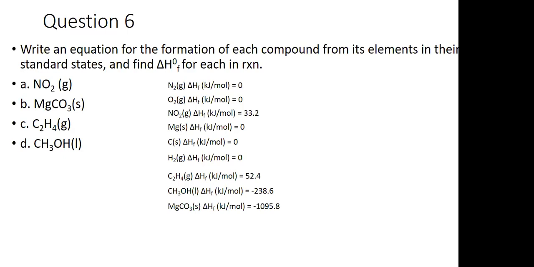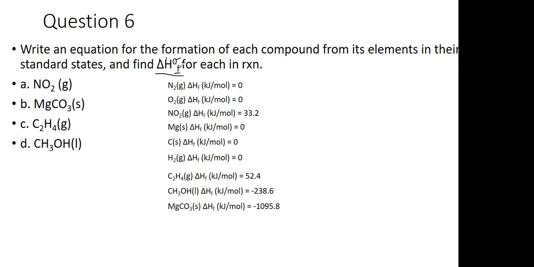So whenever we're dealing with delta H of formation, you'll know we're doing this type of problem by seeing this symbol. Change of enthalpy at standard state forming a new compound. That's what that variable means. Delta is change, H is heat or enthalpy, the naught is standard state, F is creating something, formation.